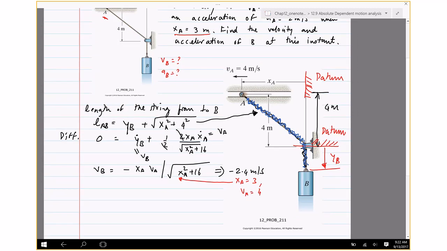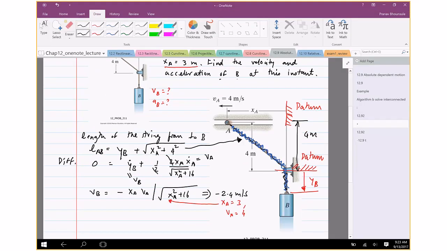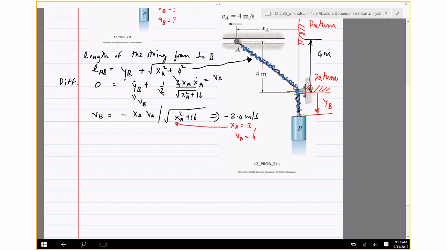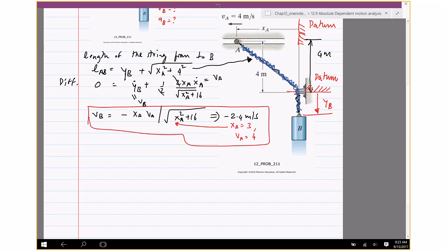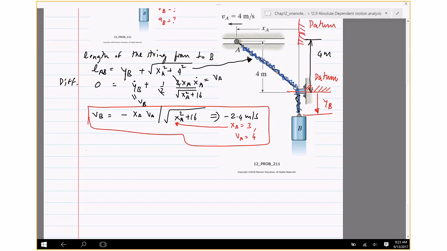Okay, so once you have VB, you want to find AB, right? Because you were also told to find the acceleration. So this is as simple as taking the derivative of this expression. So AB is VB dot, the derivative of this thing.